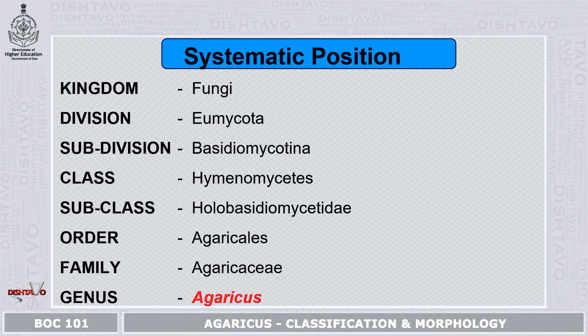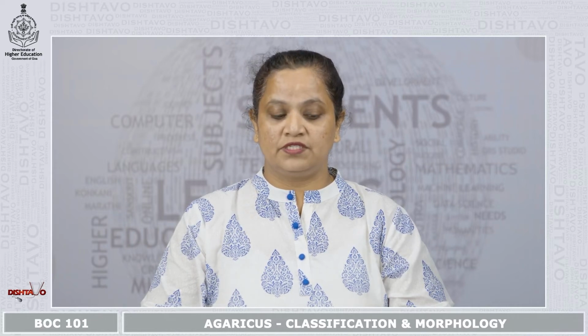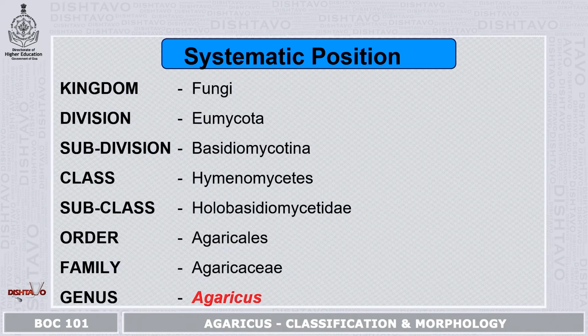Class Hymenomycetes because the basidia and the basidiospores are initially covered. The hymenial layer is initially covered with a membrane, but on maturity it is exposed. So, it belongs to Hymenomycetes.